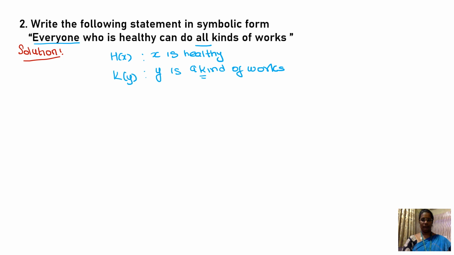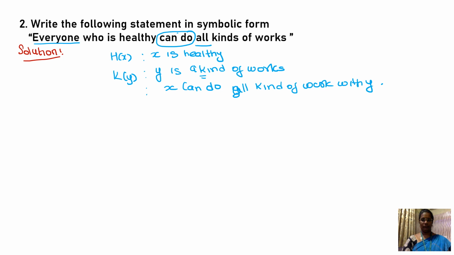Now I observe that one who is healthy can do. What connects these two propositional functions is this: x can do all kinds of work y.